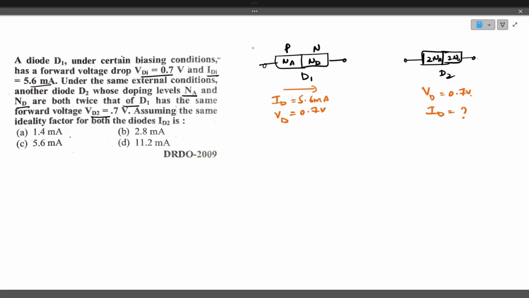Okay. Now let's see the current flowing through the diode. ID is given as I naught multiplied by e to the power of VD by eta Vt, where Vt is thermal voltage, minus 1.